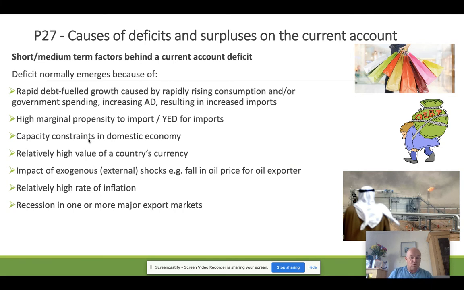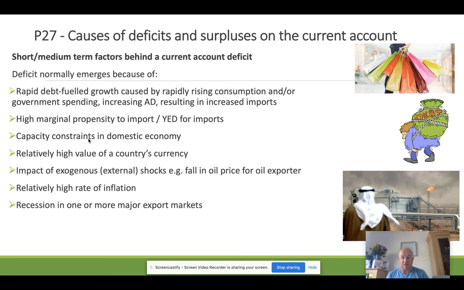Okay, so some of the things that cause deficits and surpluses, I think we'll move on, take a quick look at this one, and then we will stop and have a bit of a break. In terms of the causes, there are some short and medium term factors behind a current account deficit.